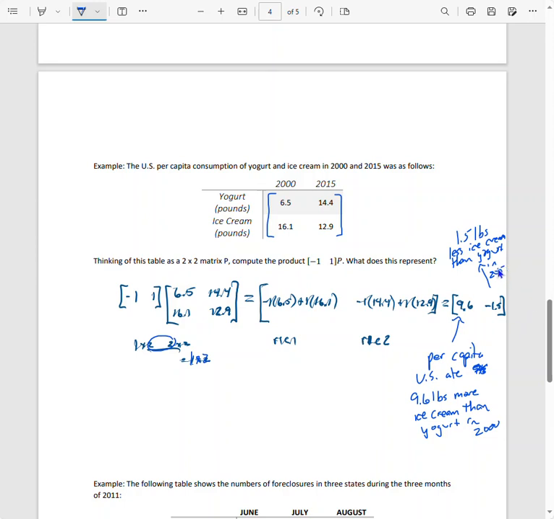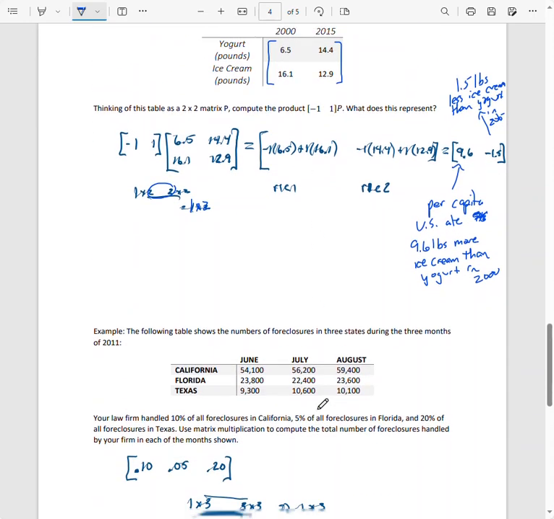There's a 1 in there somewhere. Let me make it stick out. All right, so knowing what the answer is telling you is guided by what it is that you're actually doing. You're subtracting. These are all in 2000. I'm comparing my 2000 values, and I'm taking the ice cream and then negative yogurt to see what happens.